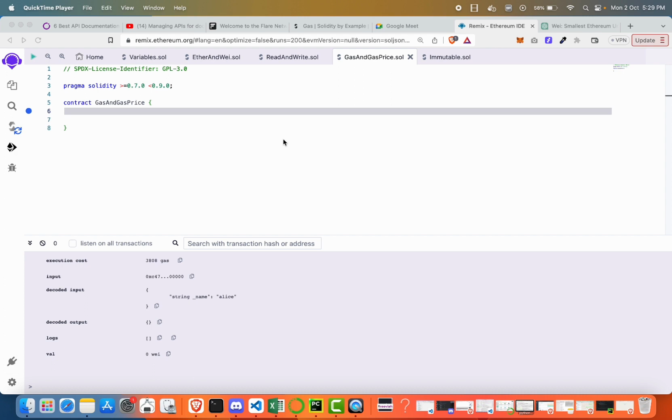And when talking about gas and gas price, there are also what we call the gas limit and the block gas limit. The gas limit is the limit you, as the user, set as, okay, this is the highest I want to pay on gas. And the block limit is the maximum that you are allowed to spend or pay for the gas.